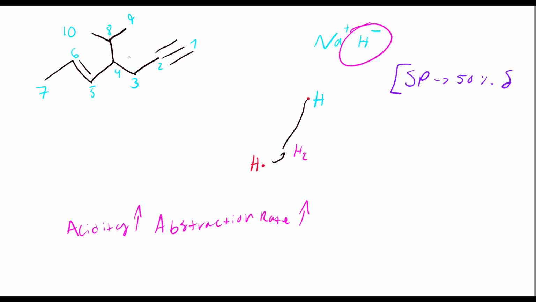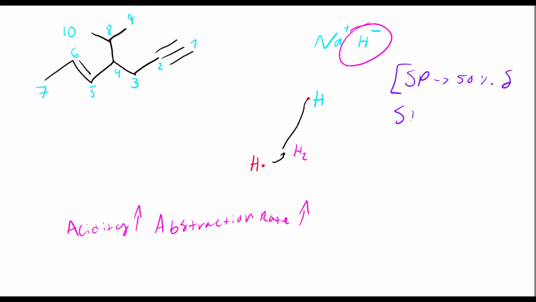If you only have carbons and hydrogens, you're going to be using the SP trend. Sure, you can do pKa as well, and I highly recommend this. The trick that I'm using works most of the time, but there are times where it doesn't work, and I'll show you those times in these videos. So when you're dealing with carbons and hydrogens, just use the SP trick.